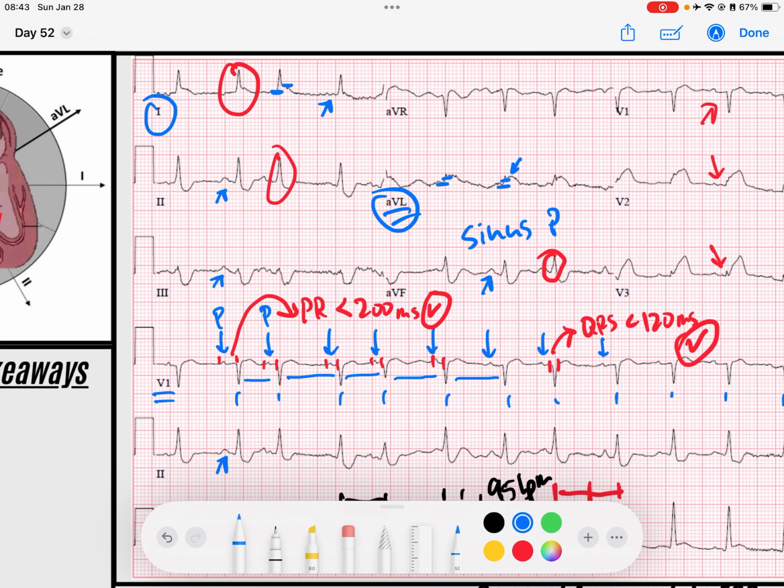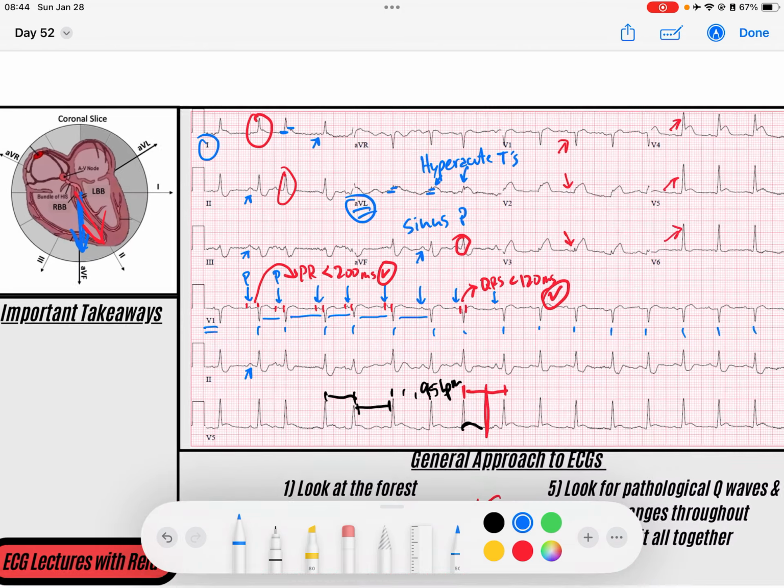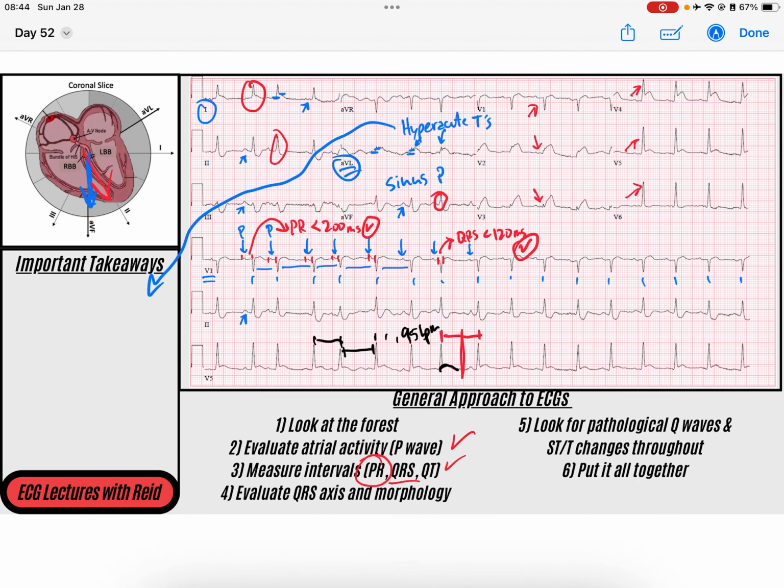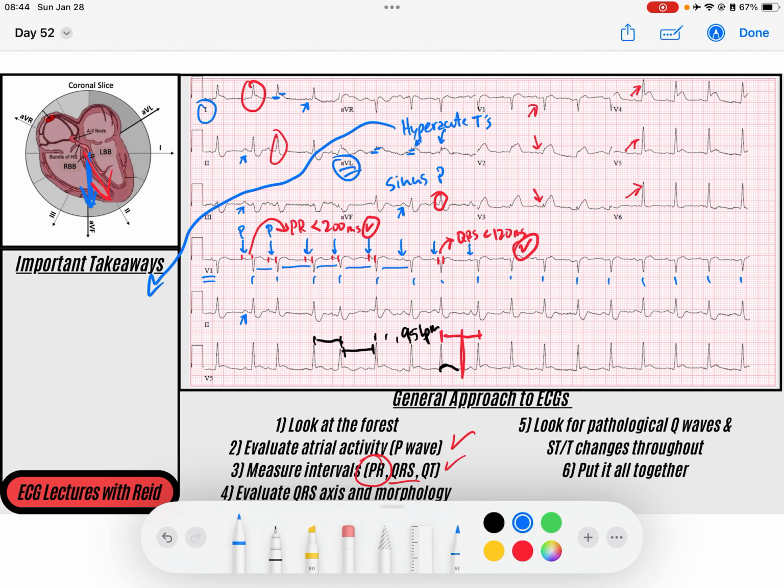And when you compare it to the amplitude of this QRS, that is a substantial increase in size of our T wave. We can call these hyperacute T waves. And a hyperacute T wave is essentially when, we'll put this over here in our important takeaways, hyperacute T's: a normal T after a QRS is this nice, and it's in proportion to the QRS.